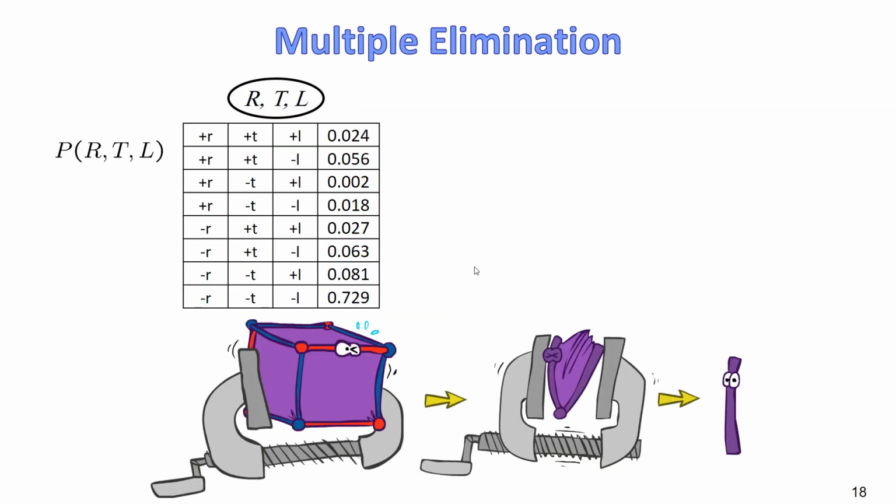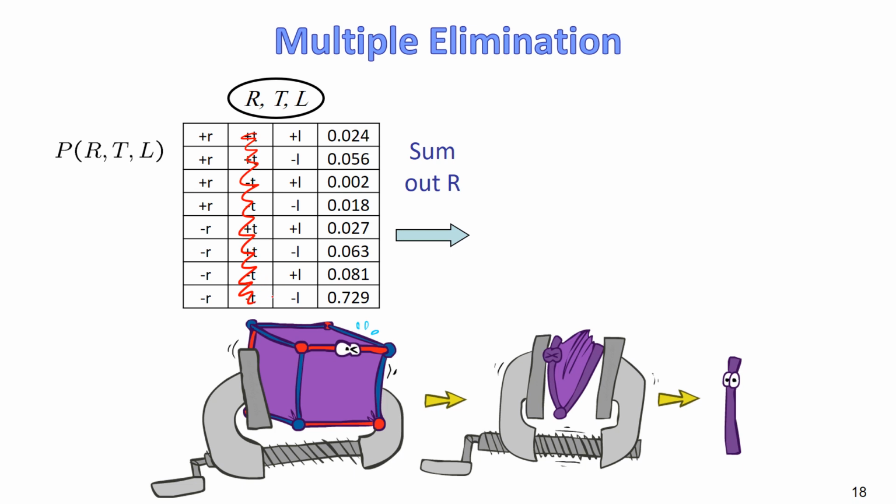Now we can also do multiple eliminations. So if I have this big table, we can eliminate one variable, we get smaller. We eliminate another one, we get even smaller. Okay, so let's see that. We want now to eliminate R from that table. How do we eliminate R? Okay, now we cross over this column.